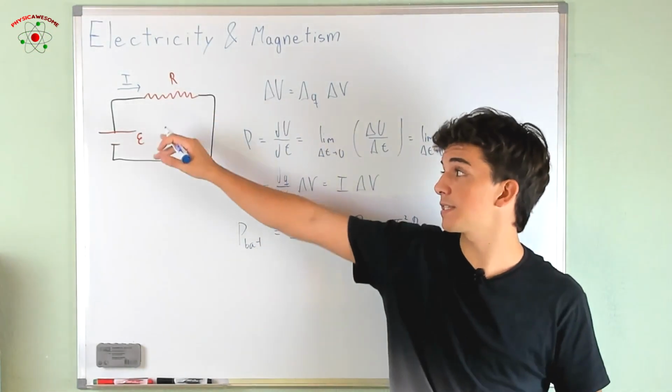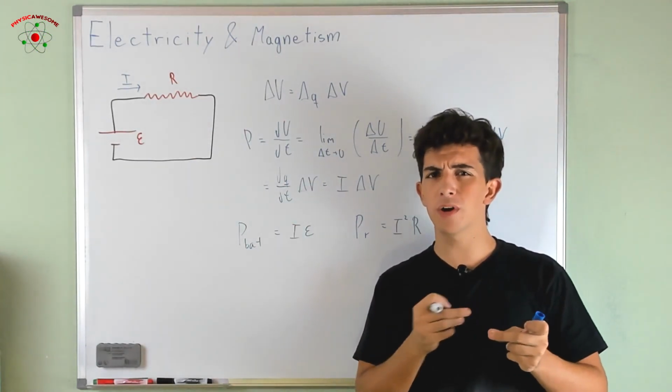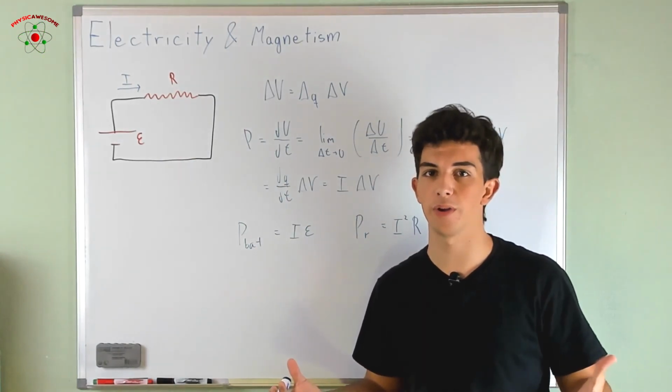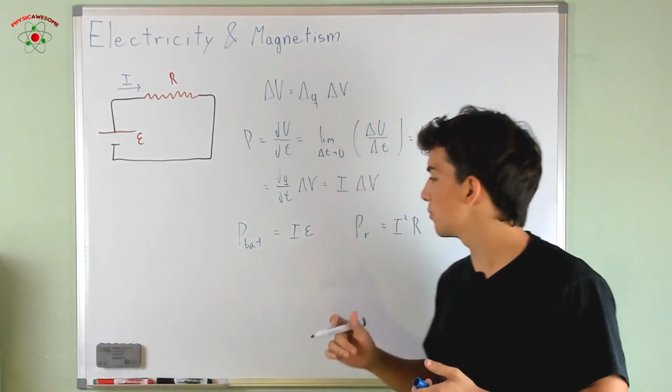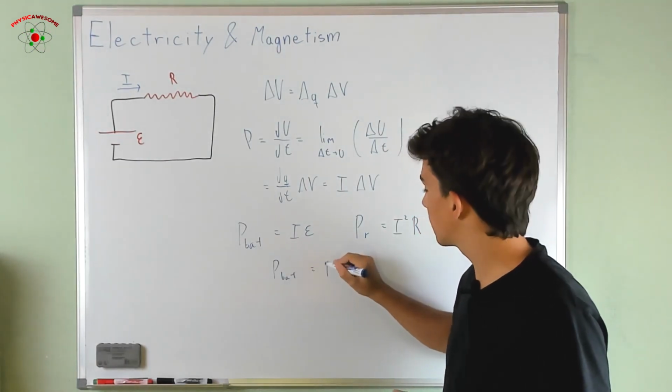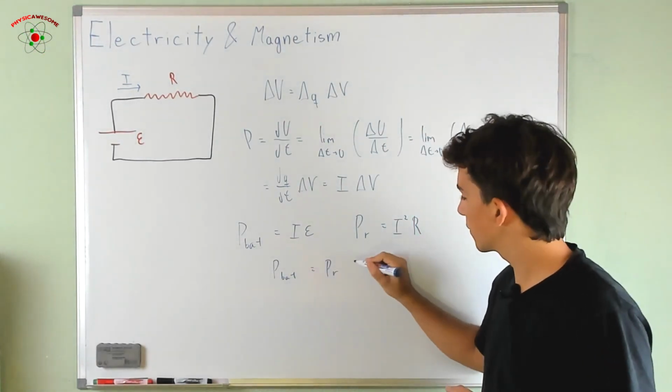Note that in this system, all the power that goes in has to go out. If not, the thing is going to end up exploding. There cannot be infinite energy accumulated. Therefore, we have that the power of the battery is equal to the power of the resistor.